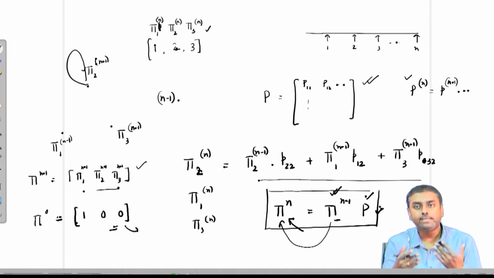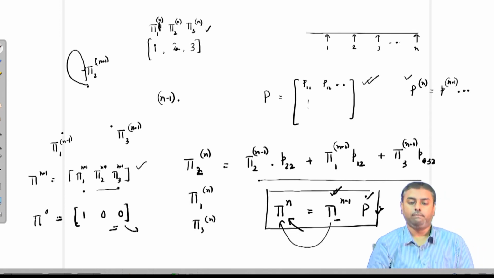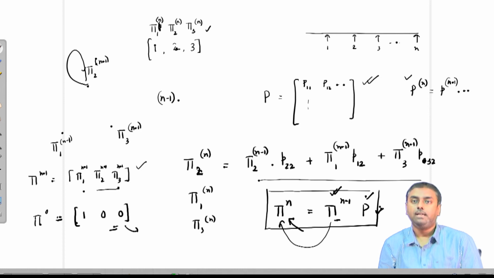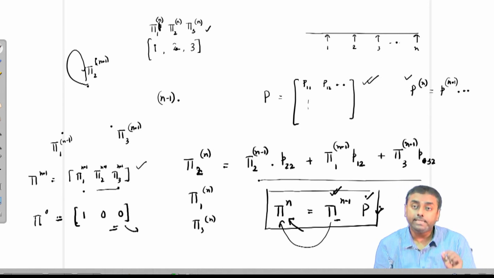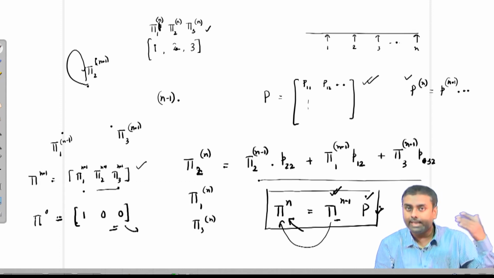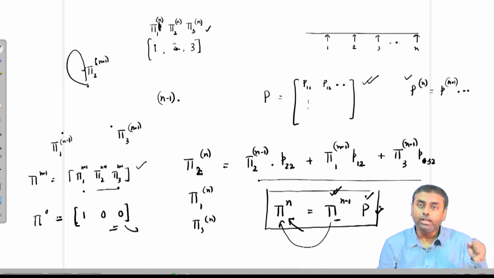That means they will take similar values. If this happens, then the associated random process, the Markov chain, is termed a stationary Markov chain. Not only stationary, if it also keeps getting the same thing over time, then we call it an ergodic Markov chain.